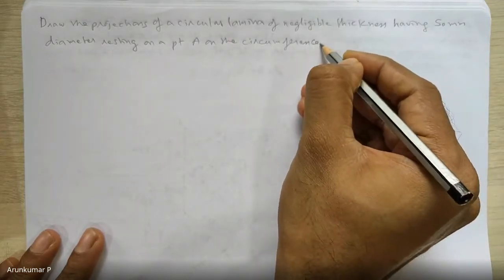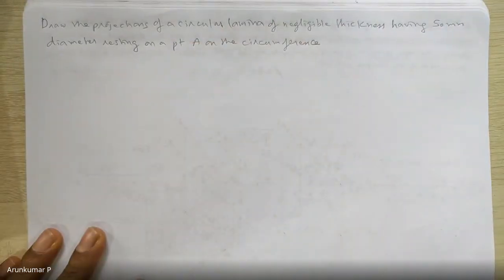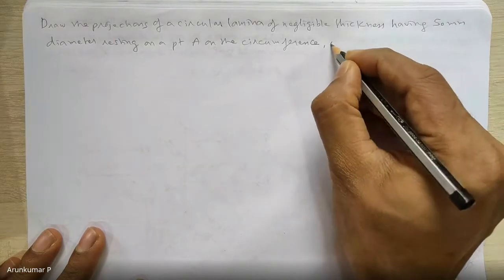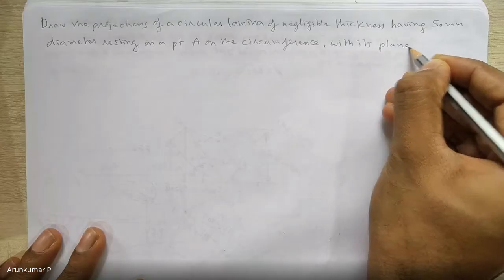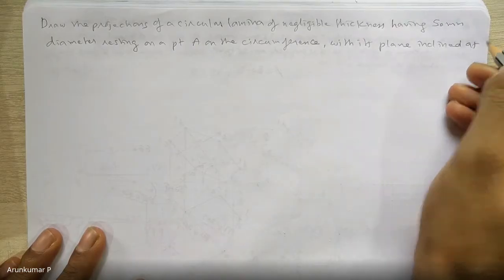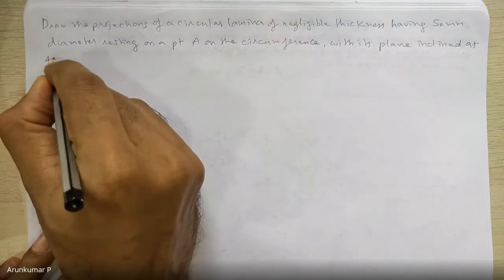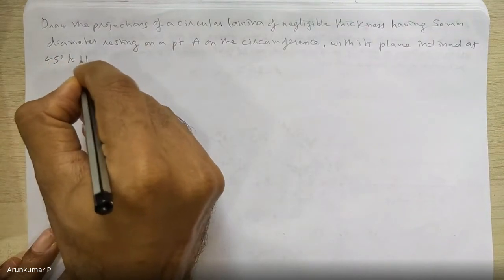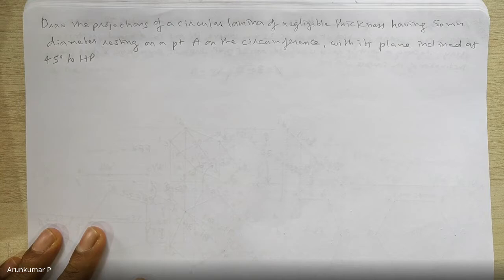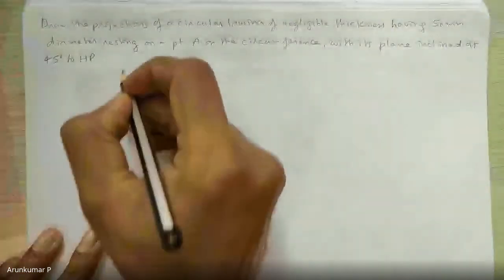Now, since we are dealing with a circle, the circumference is the outer boundary. The circumference with its plane inclined at 45 degrees to HP.